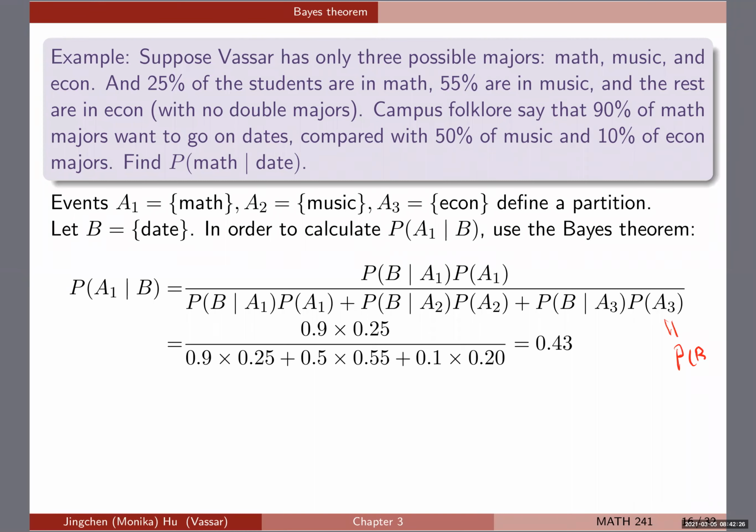All right. So given all the information that we have, you will see that we get a probability of 0.43, which is the conditional probability that if someone gets a date, the chance that she is dating a math major.